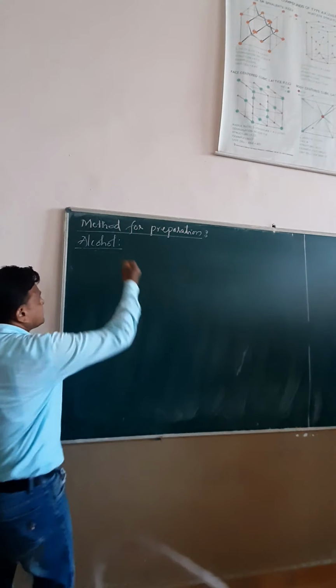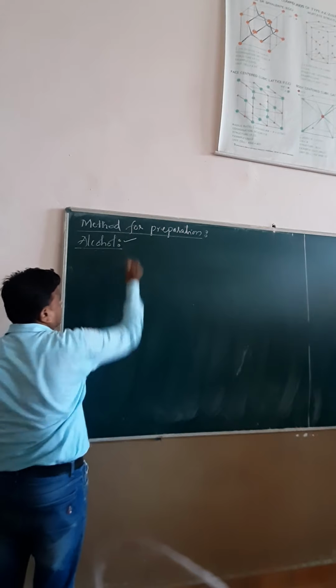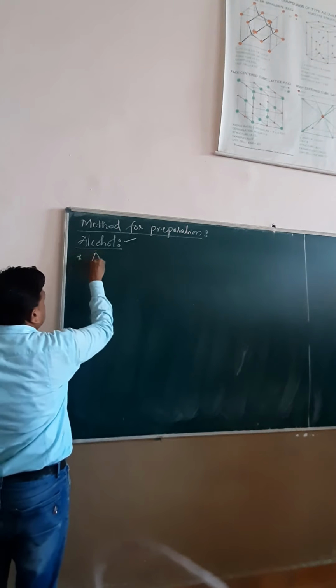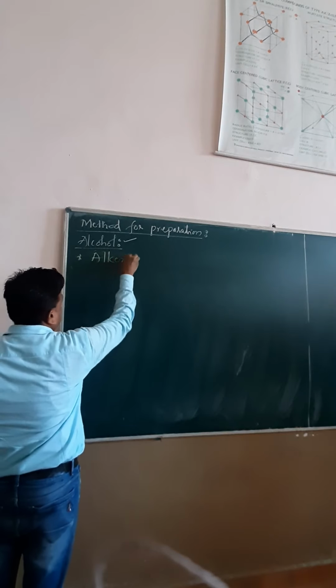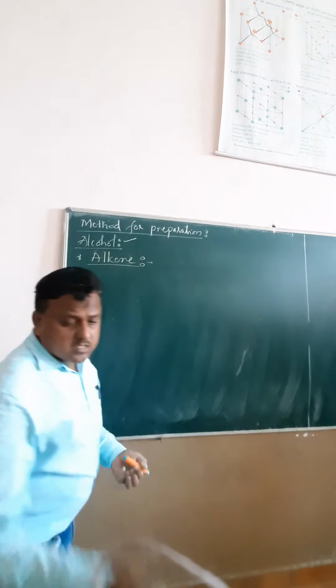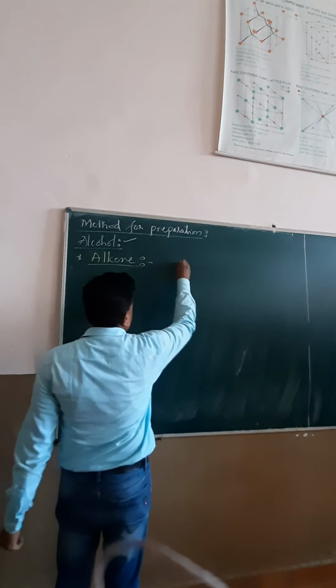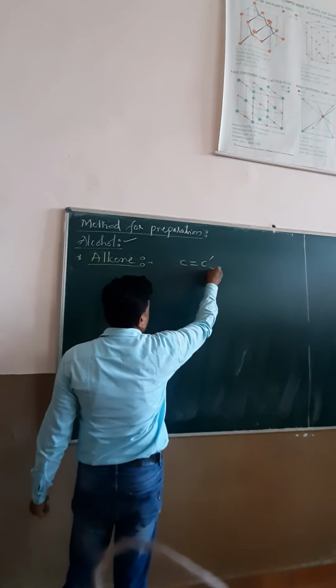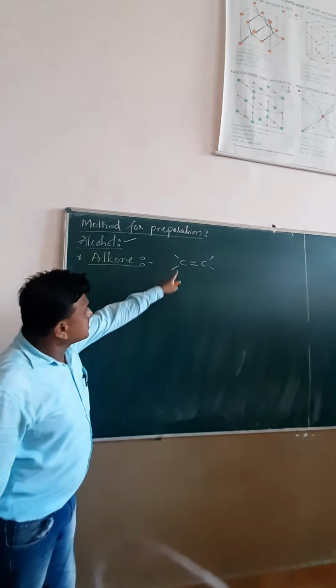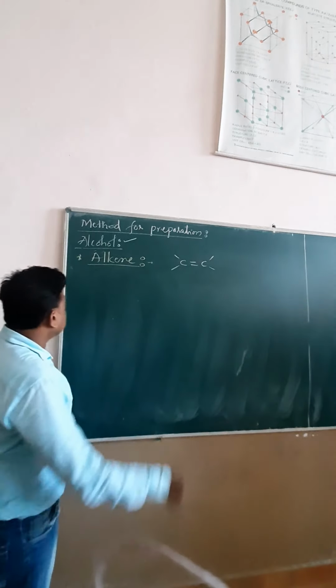After this comes preparation of alcohol from a very important category of our syllabus, alkenes. What are alkenes? The carbon compounds having double bonds are known as alkenes.